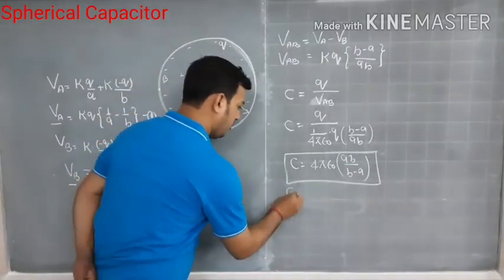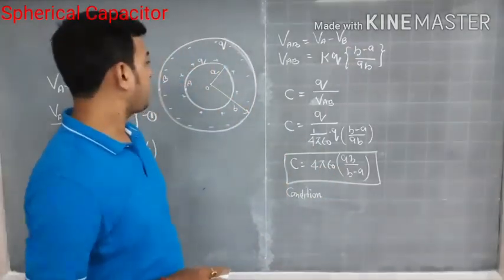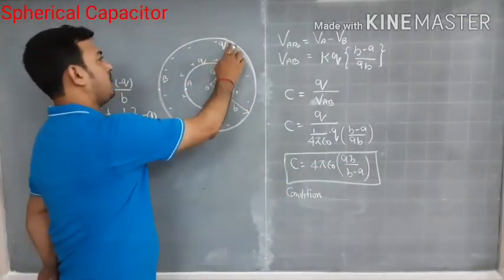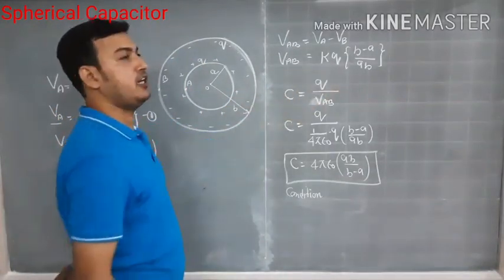Now just look at the condition that suppose my outer shell is located at infinity.